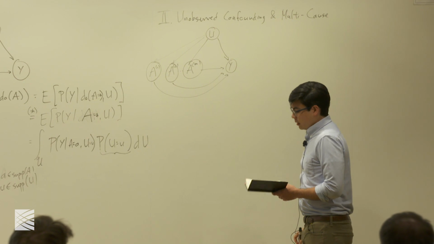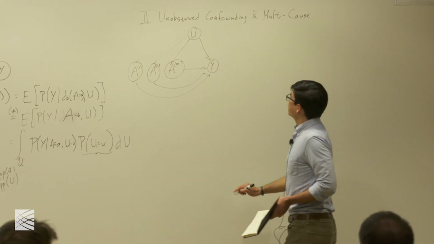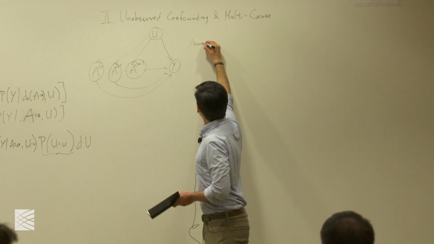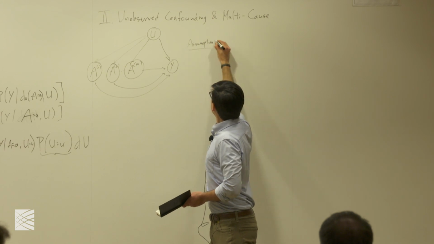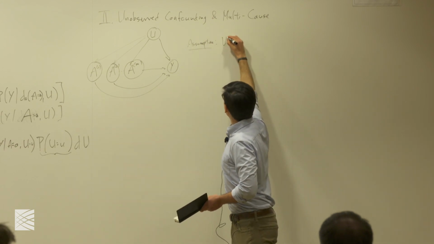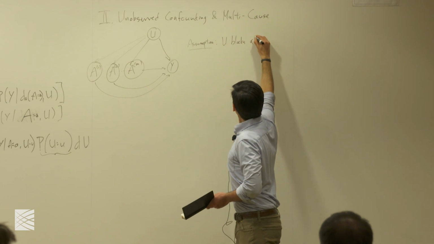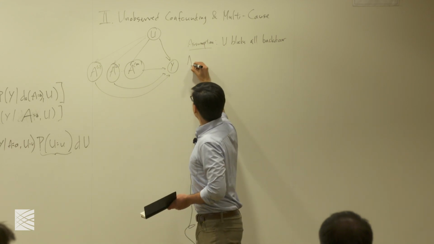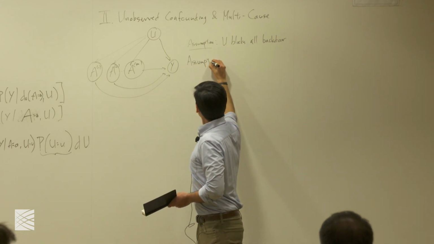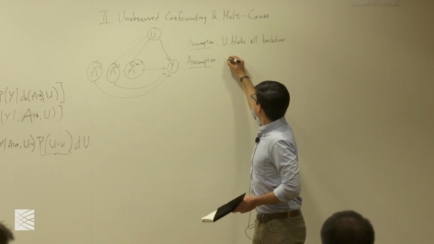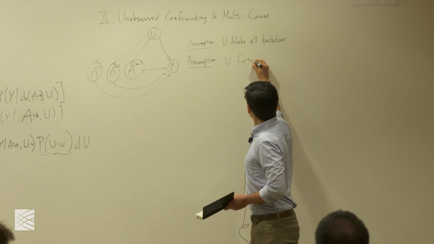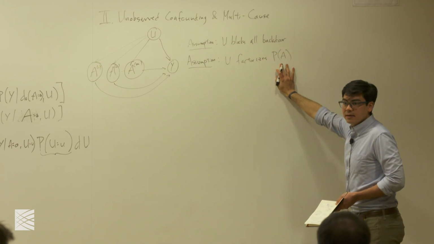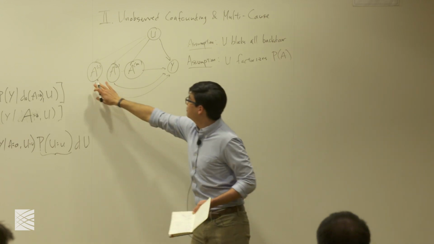All right, in this setting we'll make two assumptions. The first assumption is the same that we made before, which is that U blocks all backdoor paths. And the second one we're going to make is that U factorizes the distribution of all of our causes, A. So we have a vector of m causes here.